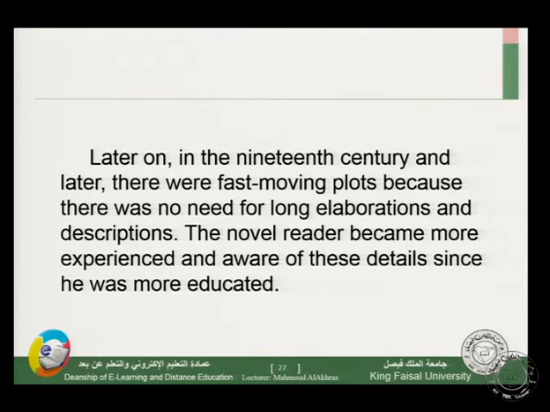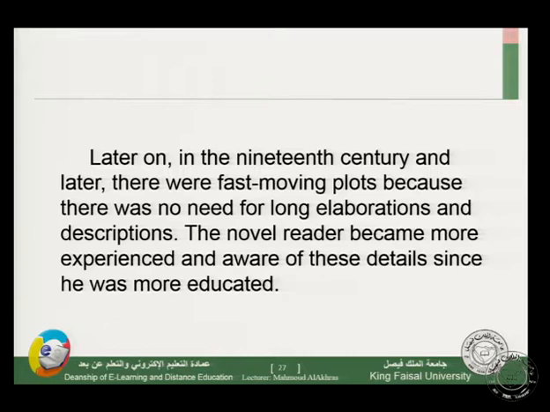Later on, in the 19th century and later, there were fast-moving plots. So in the 18th century, we have slow-moving plots. Now we have fast-moving plots because there was no need for long elaborations and descriptions.